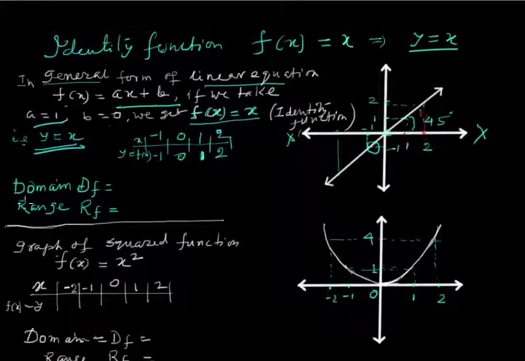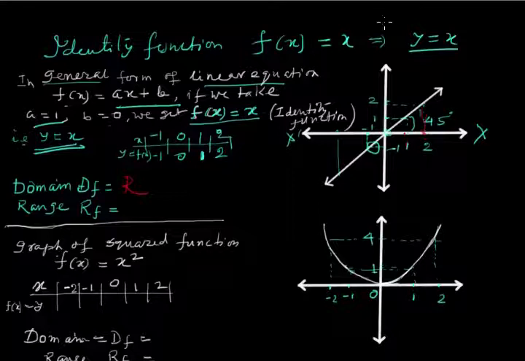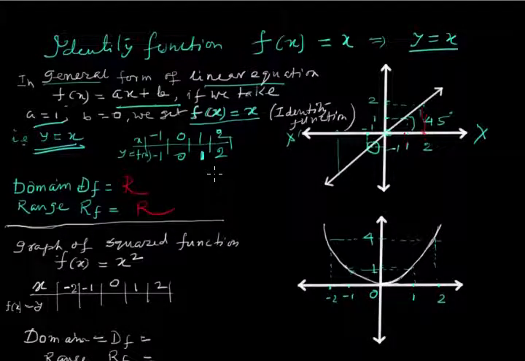So the domain of f(x), for every real number we get an x, is R. And the range: for all positive y there is a point, and for all negative y there is a point, so this is also R. So this function is the identity function.